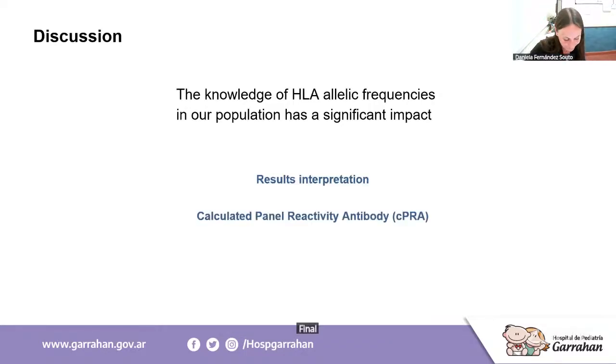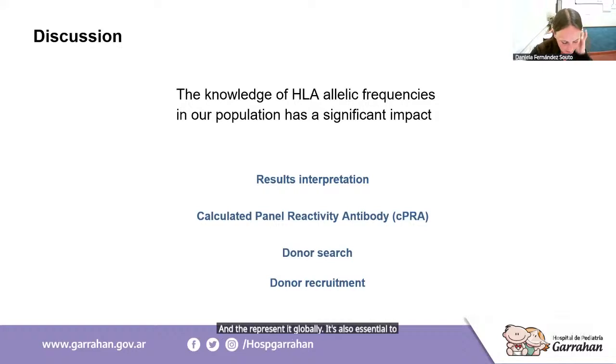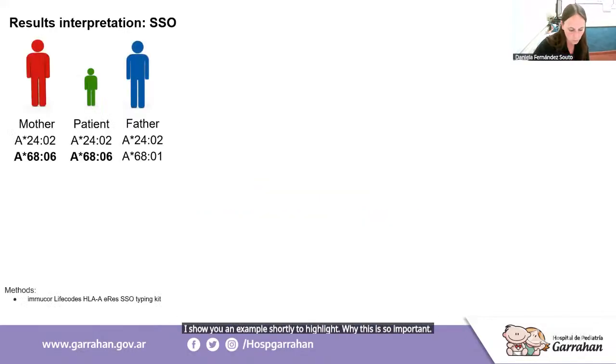Finally, because our population is underrepresented globally, it's also essential to identify which regions of our vast country are optimal for recruiting volunteer donors and cord blood units. I'll show you an example shortly to highlight why this is so important. Let's move to the next slide.